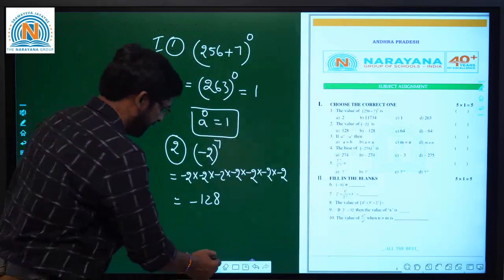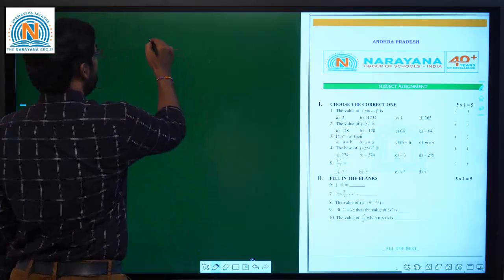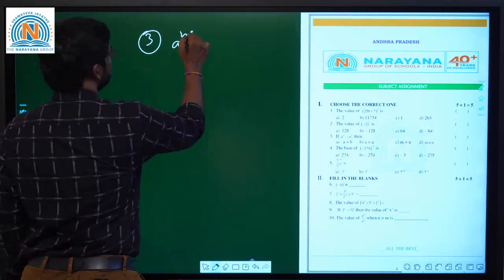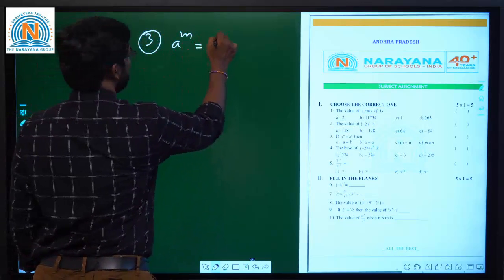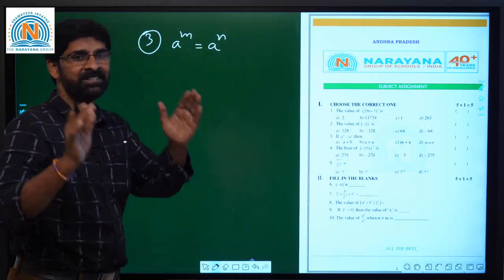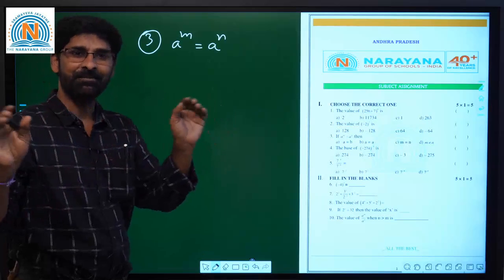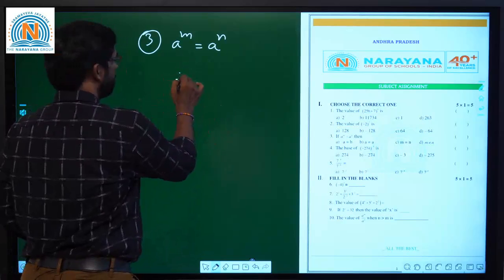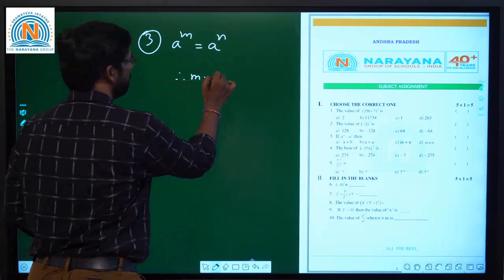Is that clear? Next, the third one. If a to the power of m equals a to the power of n, as the bases are equal, the powers must be equal. Why?